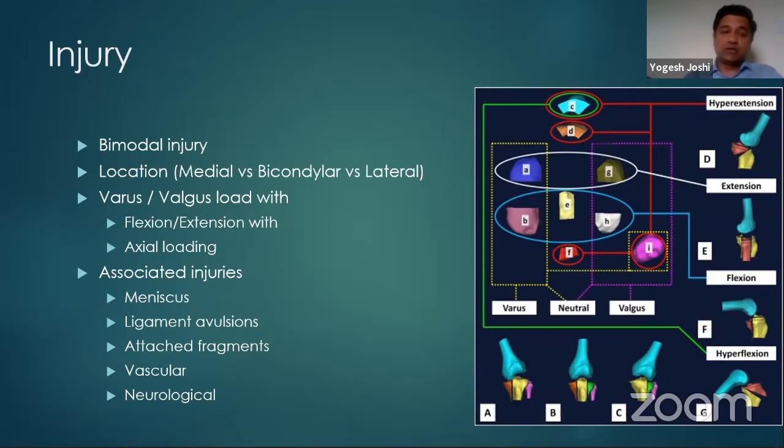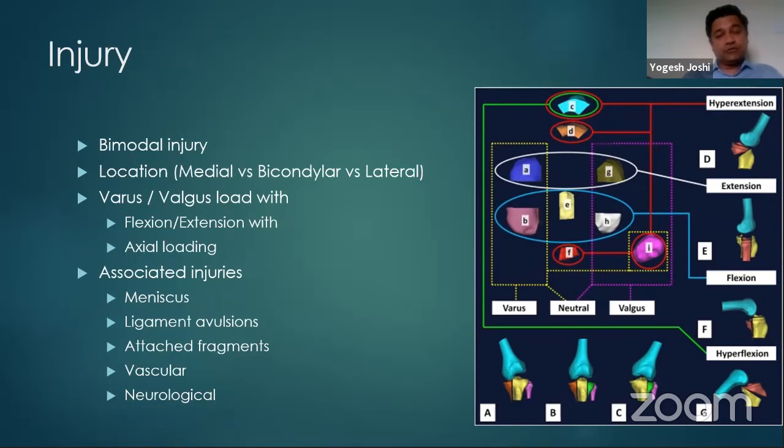That kind of bimodal distribution is seen in most countries. Depending on the fracture location, the lateral side is more commonly affected than the bicondylar variety, and the bicondylar fractures are more common than the isolated medial condyle fracture.